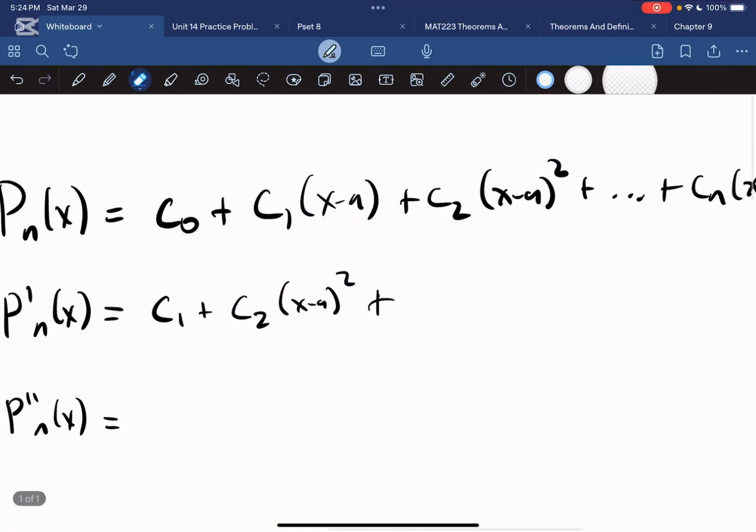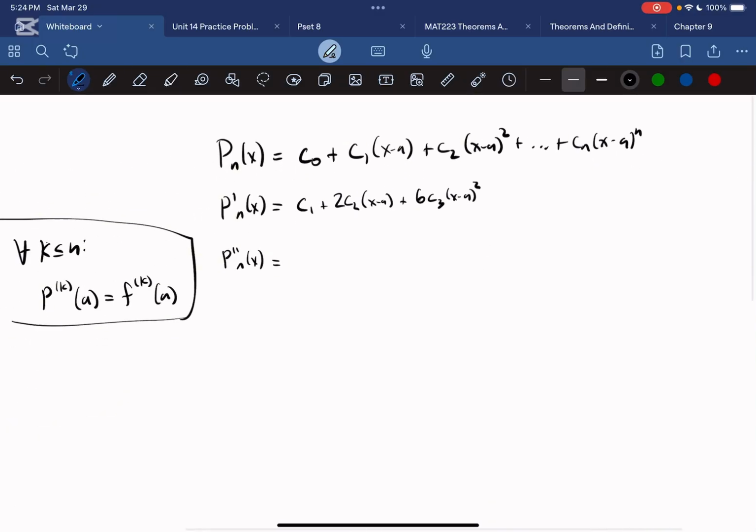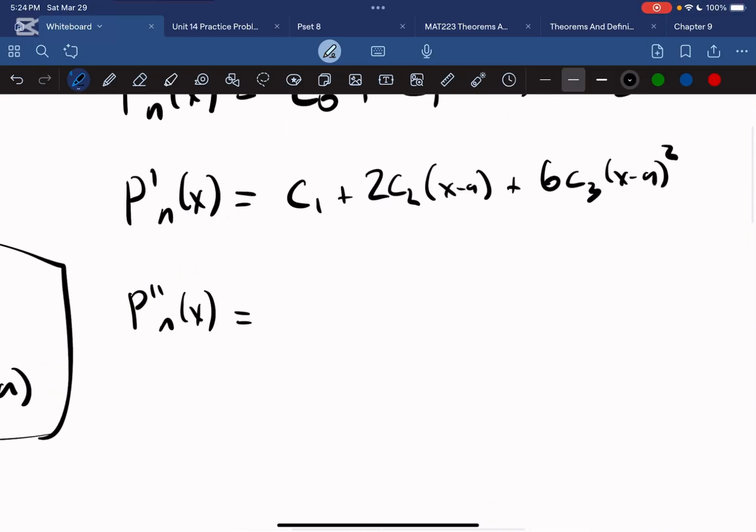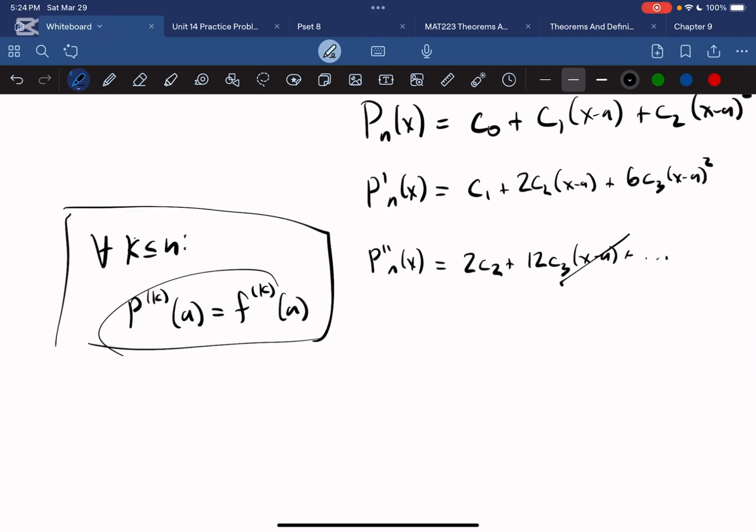Let's see. This next one would be 6c3 of x minus a squared, right? And the double prime would be 2c2 plus 12c3 times x minus a plus blah, blah, blah. And these cancel out when x is equal to a, right?